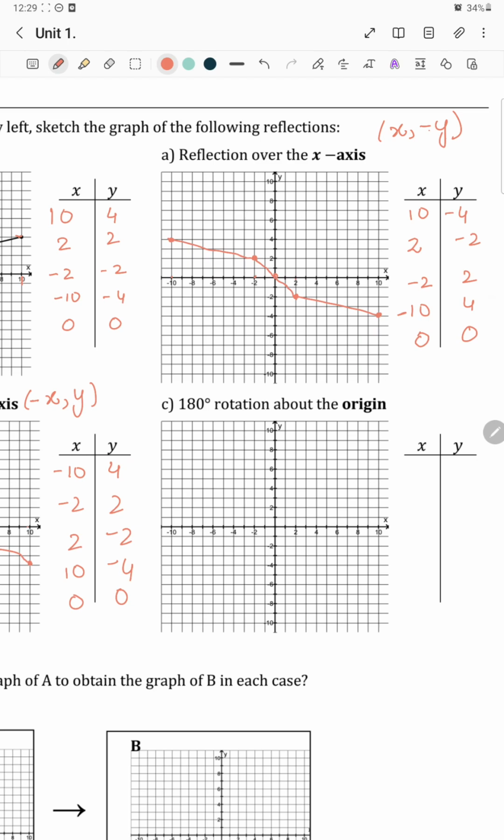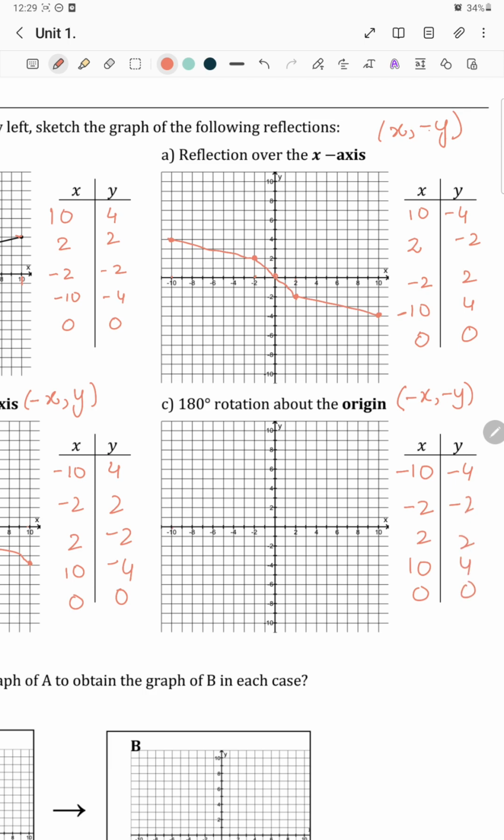The last is 180-degree rotation about the origin. So when we have to rotate about the origin, we need to multiply x and y both with the negative sign. So minus 10, minus 2, 2, 10, 0, and minus 4, minus 2, 2, 4, 0.